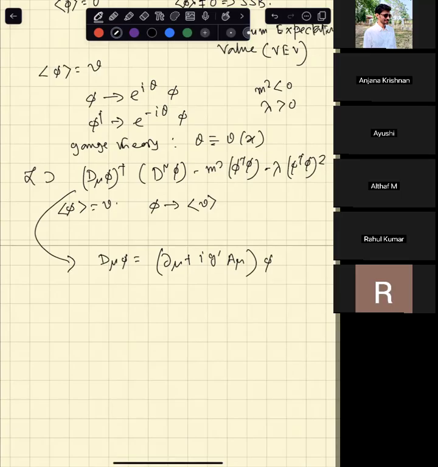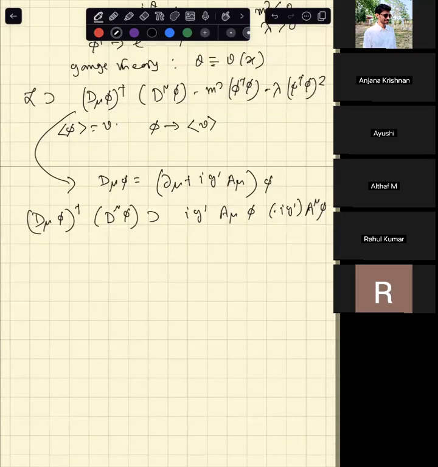So now when I expand this term d mu phi dagger d mu phi, one of the terms that I'll get has this particular form: i g prime a mu phi and then minus i g prime a mu phi.